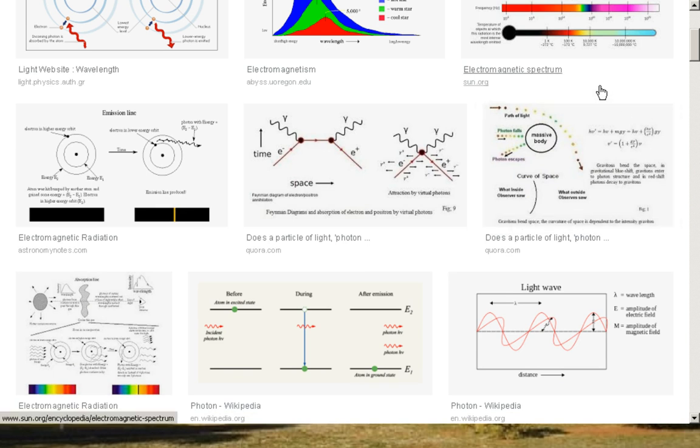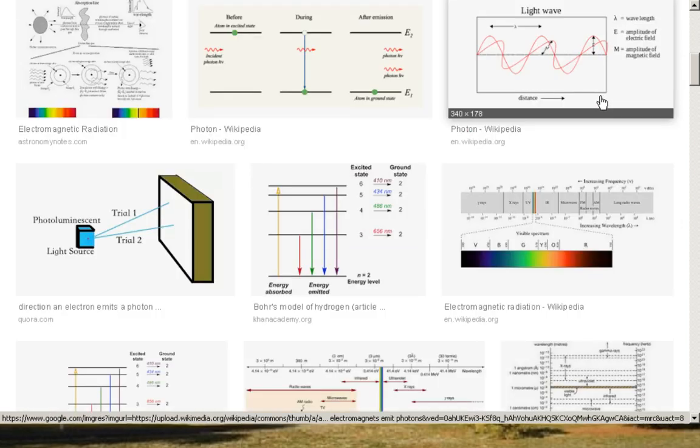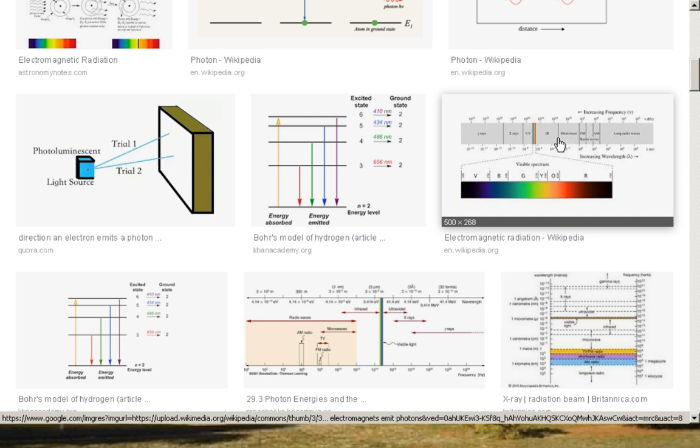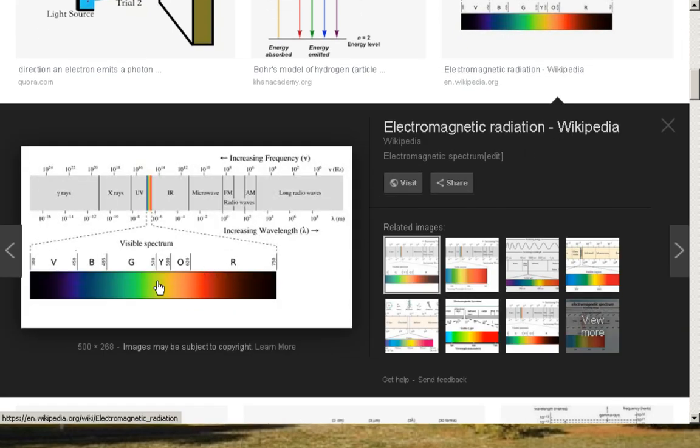It should be the other way around. Here's your light chart, okay? It's your visible spectrum. Ultraviolet is higher frequency, so that means in the ultraviolet spectrum, photons would have a higher energy.